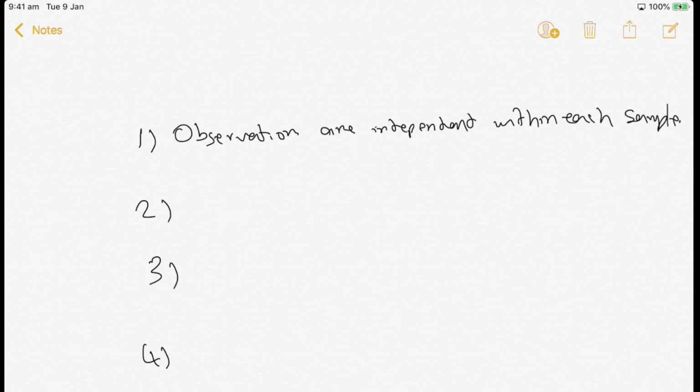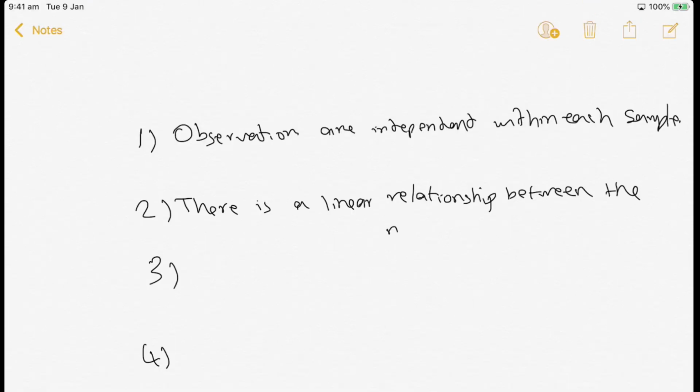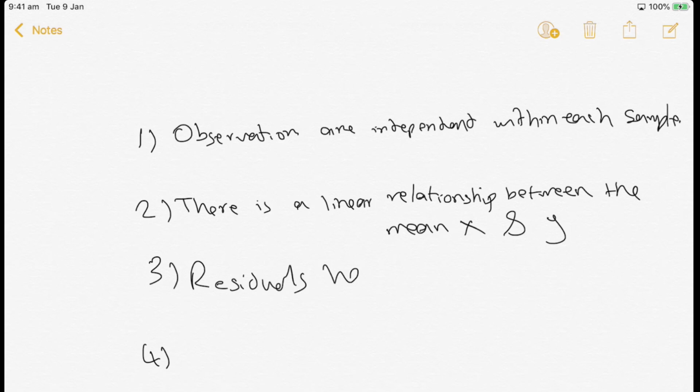Second, there is a linear relationship between the mean of the explanatory variable and the response variable. Then, third assumption, residuals have constant variance. And finally, residuals are normally distributed.